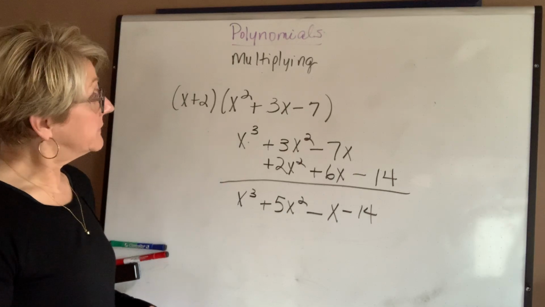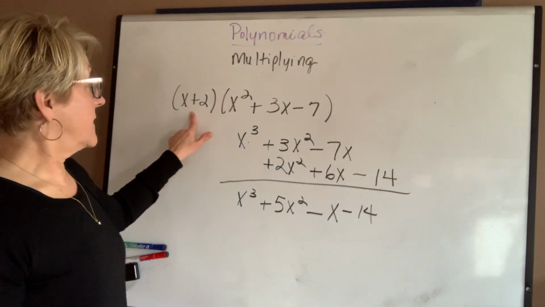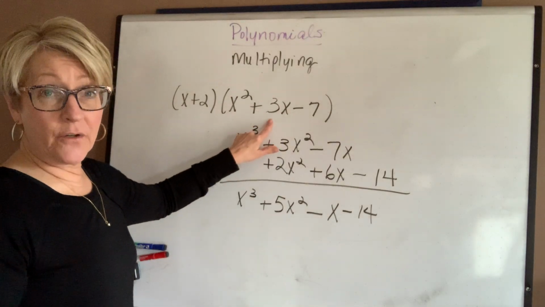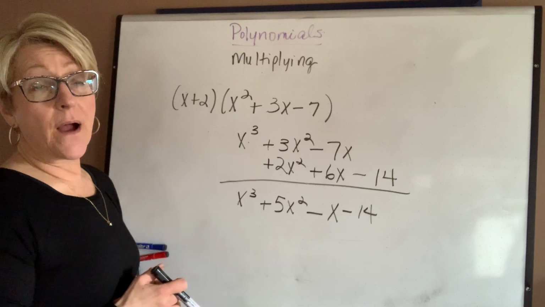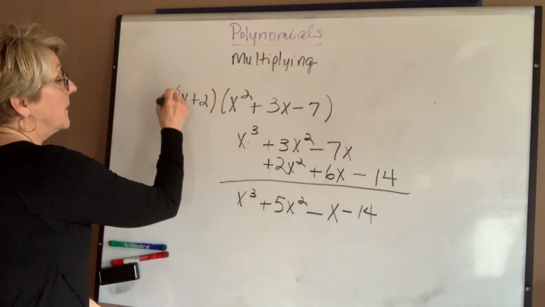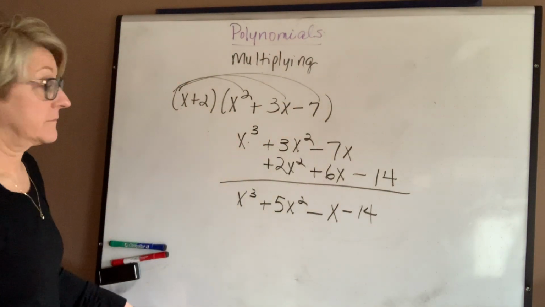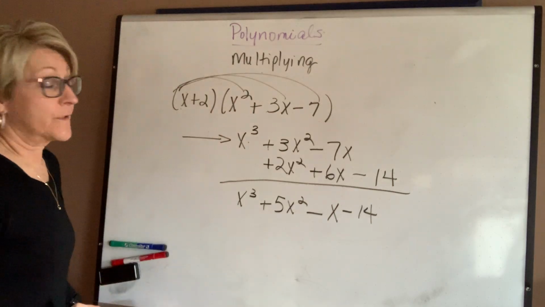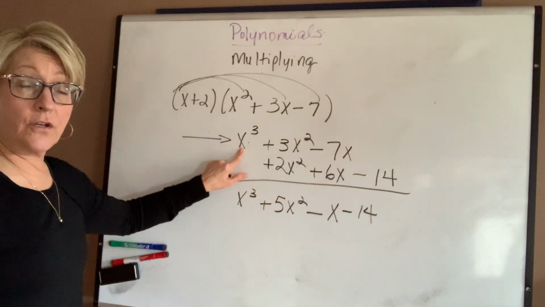Just take a look at the process one more time. Because this is a binomial times a trinomial, I can't fall back on the FOIL process. So I have to distribute this first term, multiplying it by everything in this trinomial. And that's where this first line came from. X times x squared, that's where the x cubed came from.